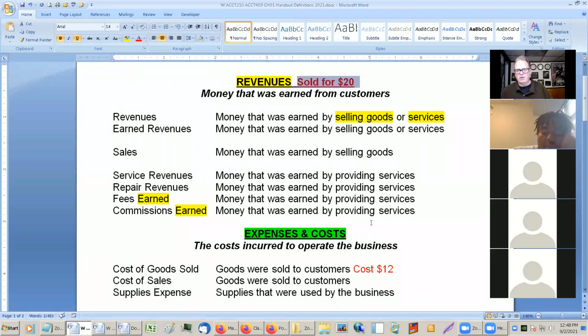So I sold it for $20, so $20 would be the revenue. My cost of it was 12, right? That's the cost of how much it costs to get the item in my possession. That's exactly right. So what did it cost for me to get this into my shop? $12. Now, how much money did I make on this sale? $8.